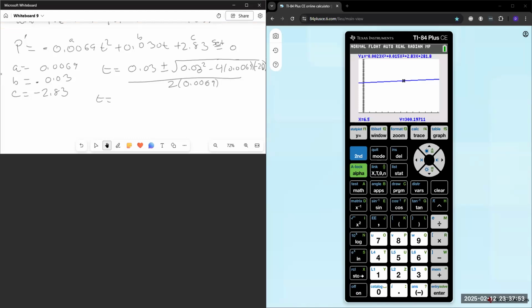t is equal to, let's figure out what that square root is there. The square root of 0.03 squared minus 4 times 0.0069 times negative 2.83, and then that's going to be plus 0.03.